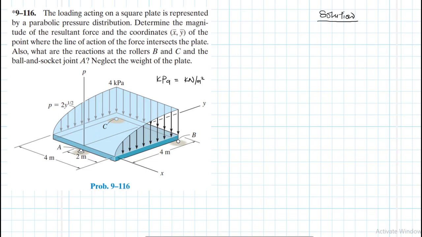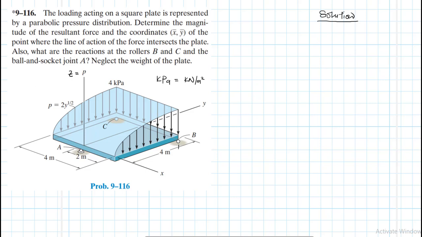First and foremost, let's draw the free body diagram. So we know that at B, we are going to have this axis where P is also the Z axis. So we are saying our P is equal to Z, which is the pressure, right?